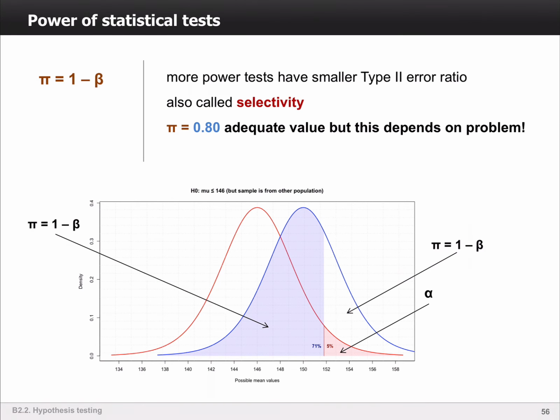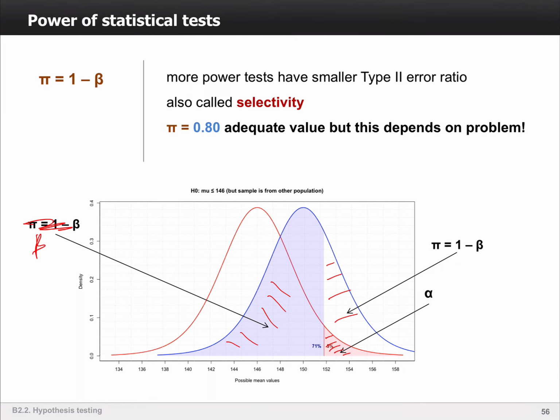If we visualize the statistical power, it's a simple thing. You remember that the red area is alpha, and the blue area is beta in this case, right? Because the statistical power, the power of the test, is just 1 minus beta, it will be this white area.